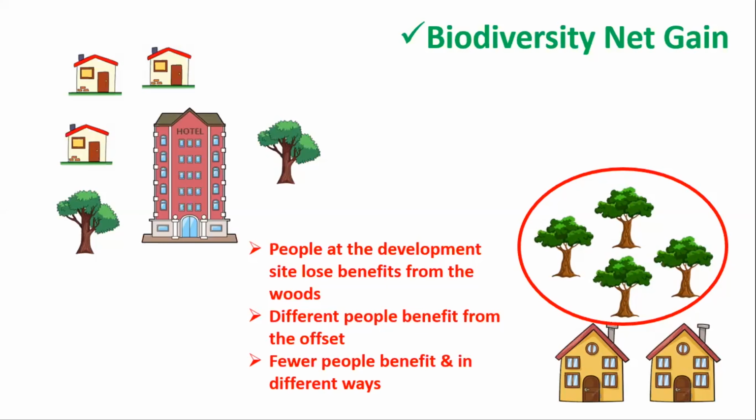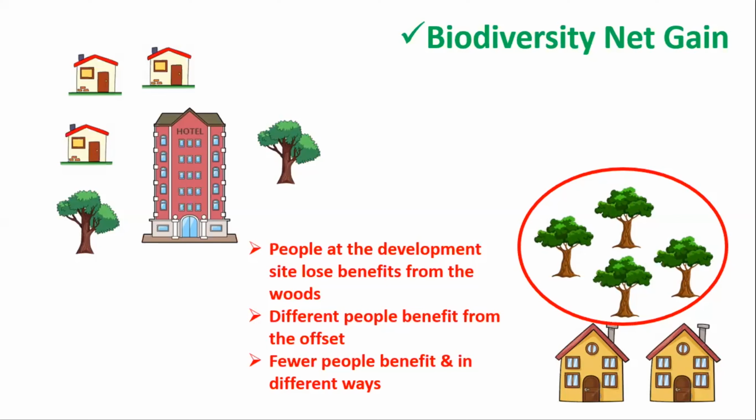So it's very important to not just think about biodiversity net gain, but really understand the social impacts as well, and look at all possible measures to achieve net gain for biodiversity in ways that really safeguard or enhance people's well-being. Sometimes there's one solution, but more often there are a variety of different measures that we need in place.